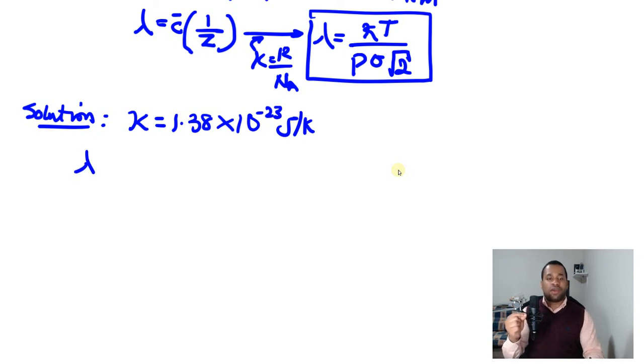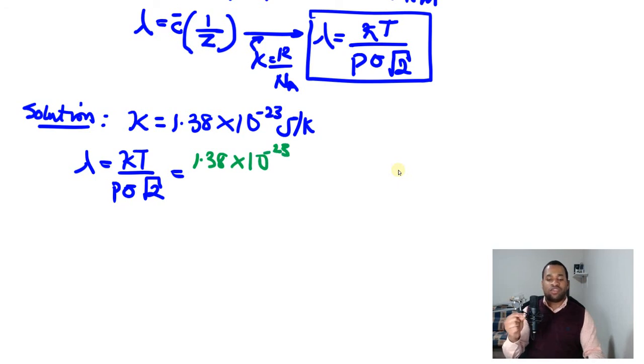Since our mean free path is equal to kT over the pressure multiplied by the cross-sectional area and the square root of 2, we put our numbers in, where our k value is 1.38 times 10 to the negative 23.